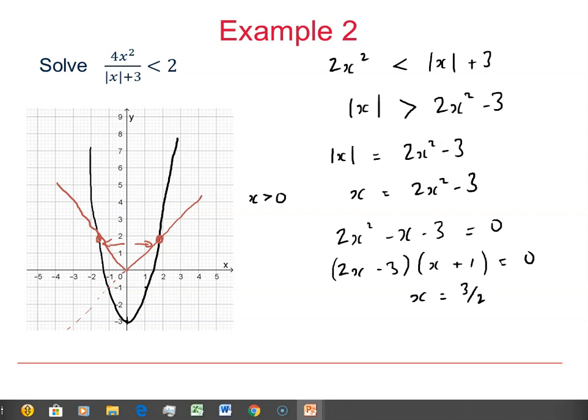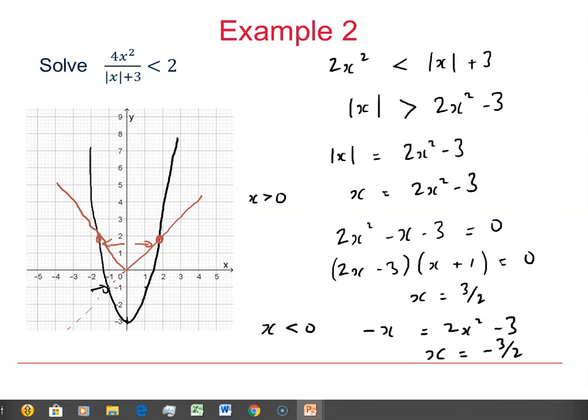The x equals negative 1 is the point down here that is not relevant. And likewise, you can check that when x is less than 0, so that minus x is equal to 2x squared minus 3, this gives a value of x equal to negative 3 over 2.